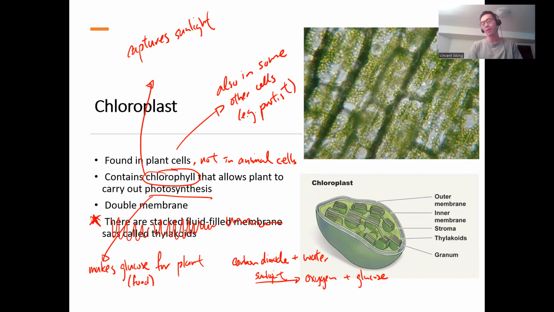There's no health benefit, not that I know of, to consuming pure extracted chlorophyll. Okay, there's no nutritional value to it. It's a gimmick, as with most health products. So that's chloroplast.